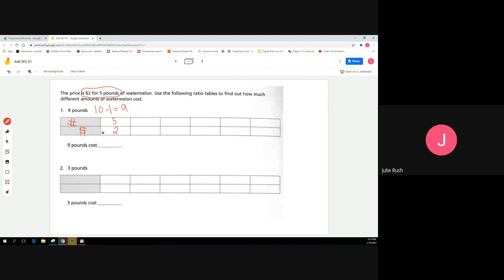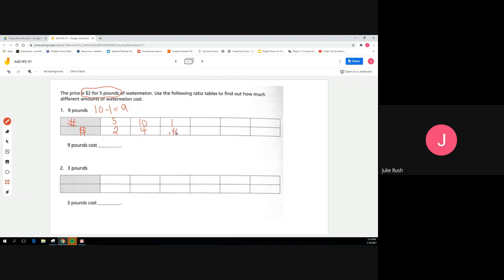And so we're going to double, and that gets us to 10 pounds really quickly. 10 pounds costs $4. That means 1 pound, right? Dividing by 10. So we divide 4 by 10. We're moving that decimal, it is 0.4.